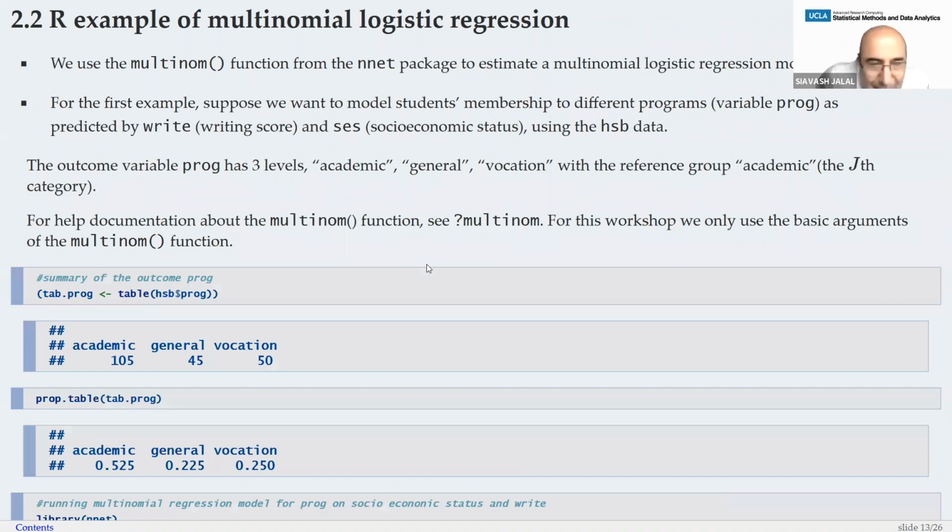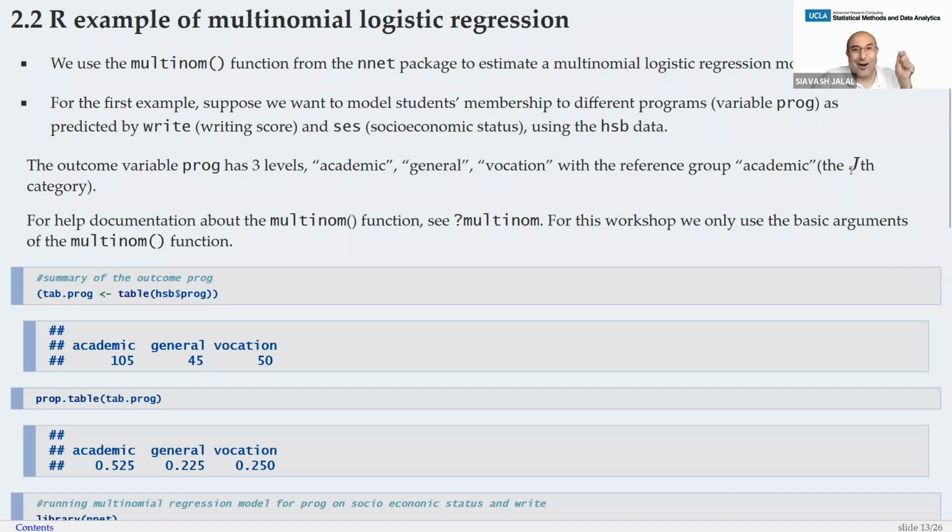Now let's run our first multinomial logistic regression in R. In this example, I'm going to run the variable program, which has three levels of that categorical variable: academic, general, and vocation. In this variable, academic is the reference group.